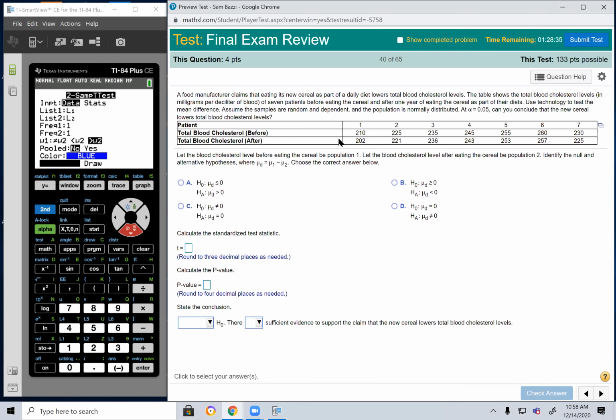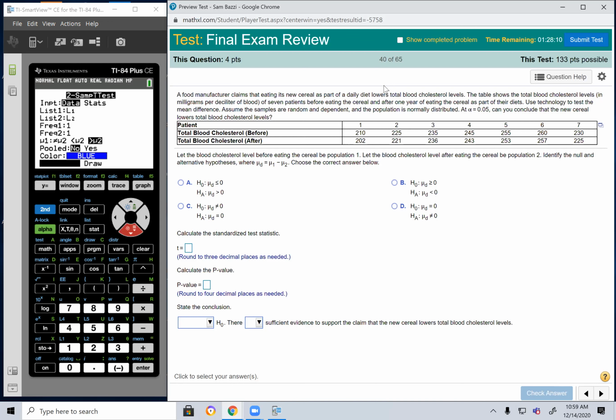Okay, please pay attention to this question, guys. This is from section 8.3, dependent samples. The 2 samples are dependent. A food manufacturer claims that eating its new cereal as a part of a daily diet lowers total blood cholesterol.